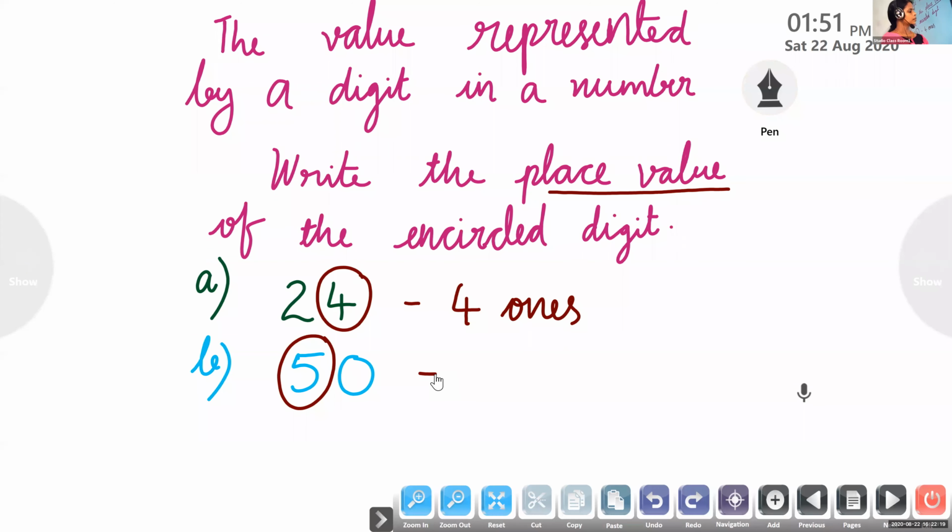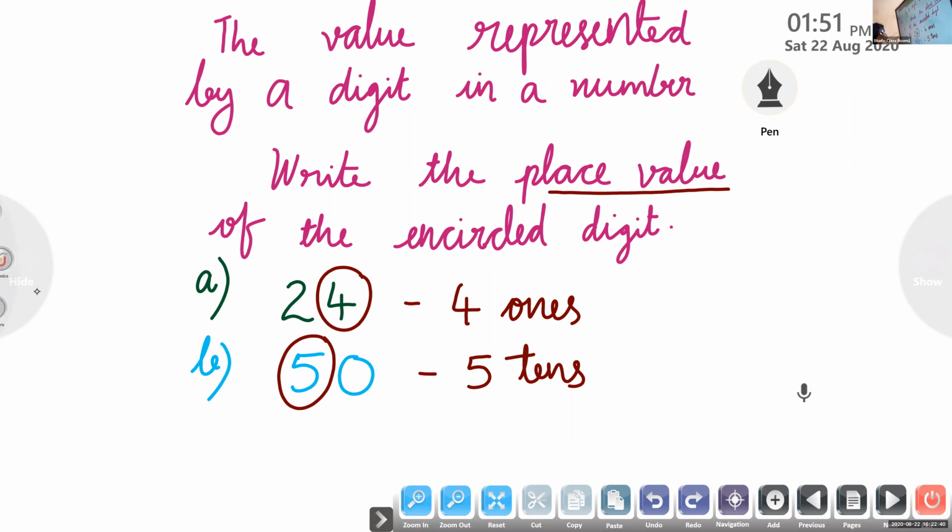Tens. So, Anna Catherine, what is the answer? The number 50, 5 is encircled. So, what is the answer? Very good. We have 5 tens. The answer is 5 tens.